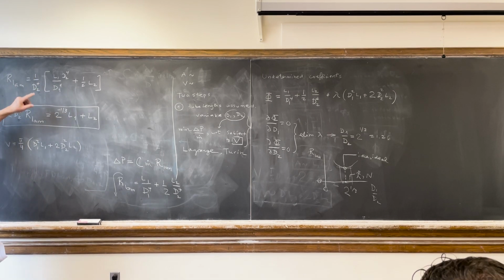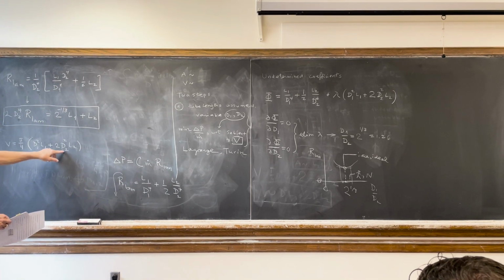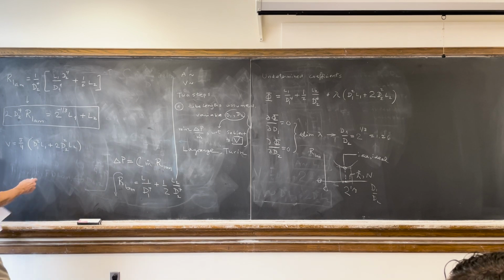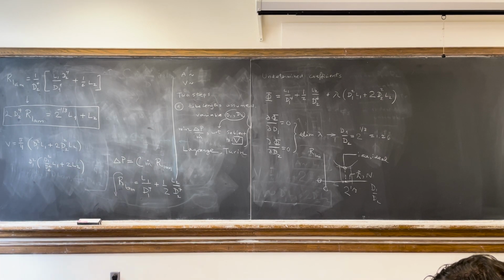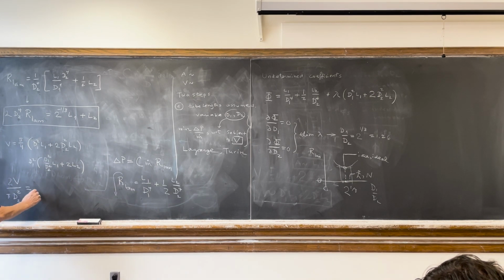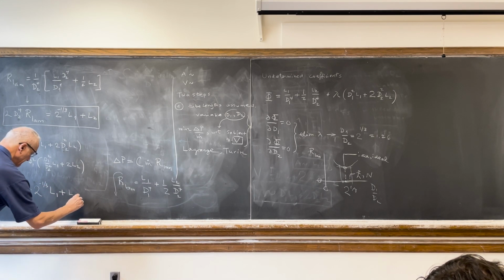Making the same moves as I've done up there, I factor d2 squared in front, and then d1 squared over d2 squared L1 plus 2 L2. And then I obtain the following result, which is that 2v divided by pi d2 squared equals 2 to the power 1/3 L1 plus L2.